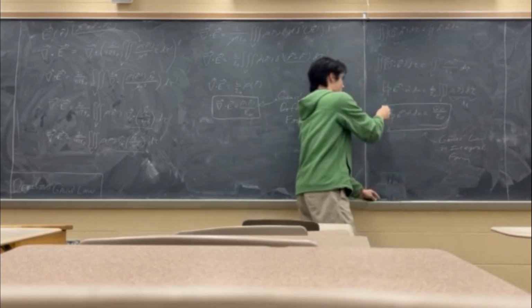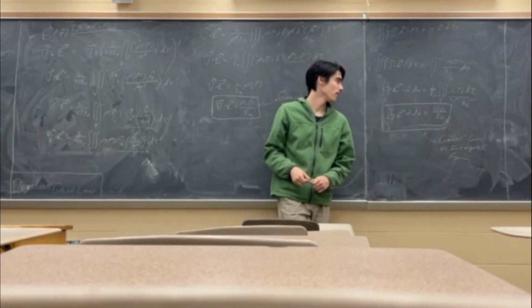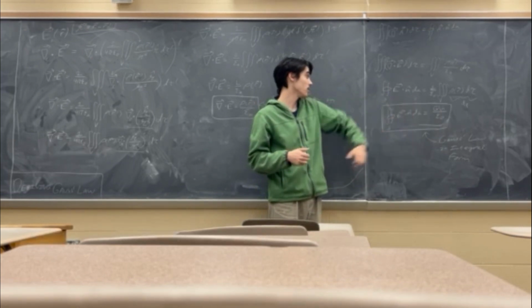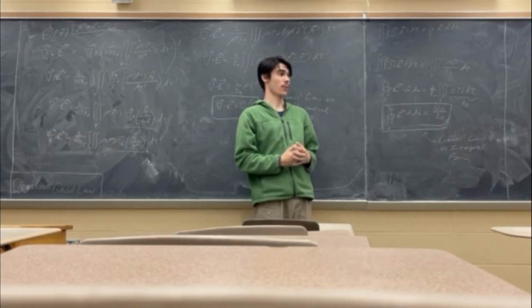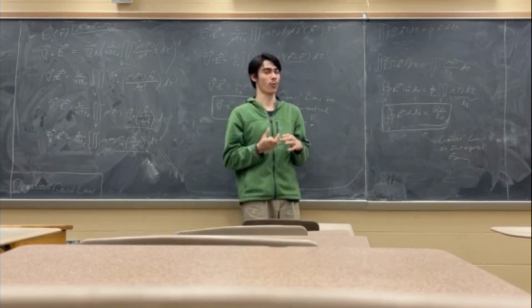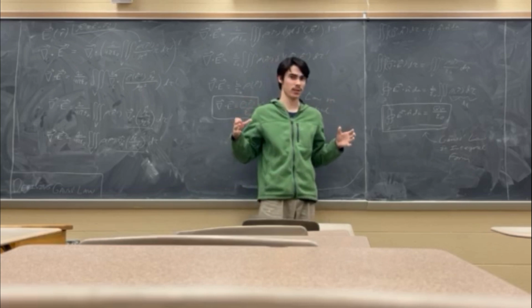And this version of Gauss's law can be really helpful when, say, you want to calculate the electric field of a system where you have nice symmetry, for example a sphere of charge or a charged cylinder.